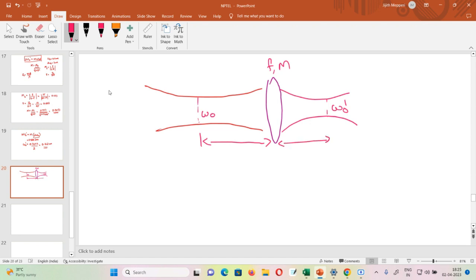This distance is actually z prime, and in that case you have an equation of this kind: z prime minus f is equal to m square into z minus f. So this m square is not your m square parameter, this is the square of your magnification.